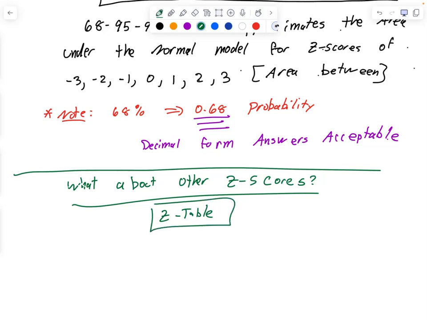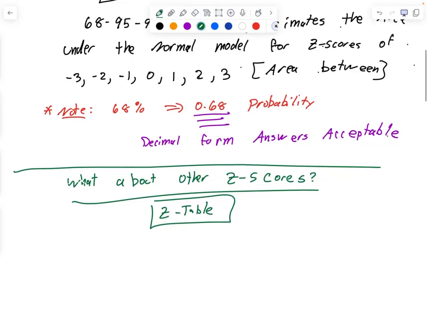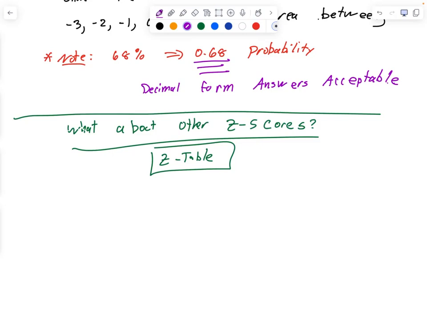So the z-table states the probabilities, area below cutoff z-scores for the normal model.